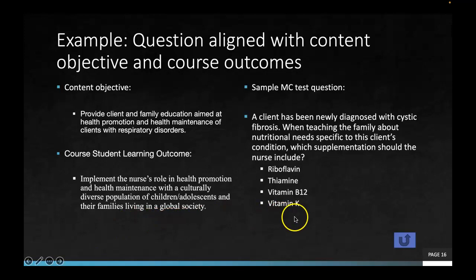You can see the test question is looking at a client with a new diagnosis of cystic fibrosis, and when teaching the family what nutritional needs specific to this condition about supplementation should the nurse include. And that would be vitamin K.